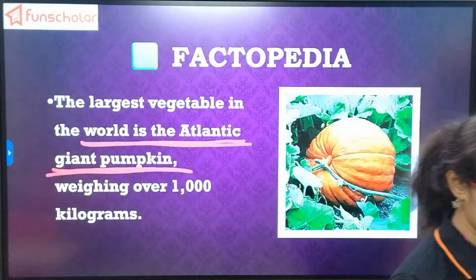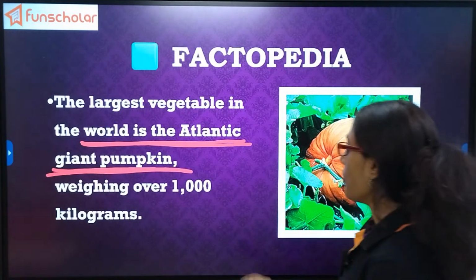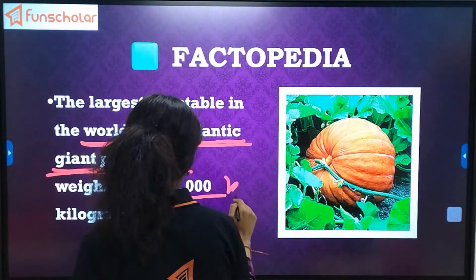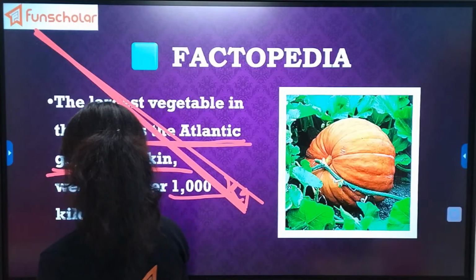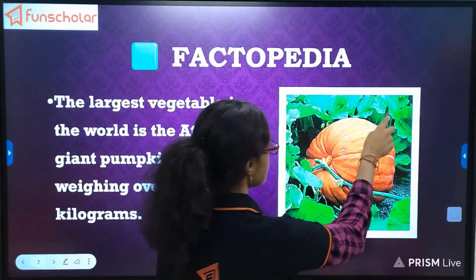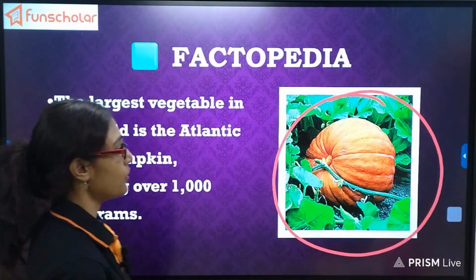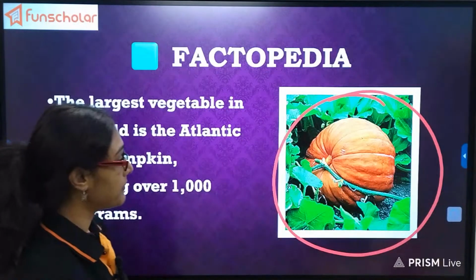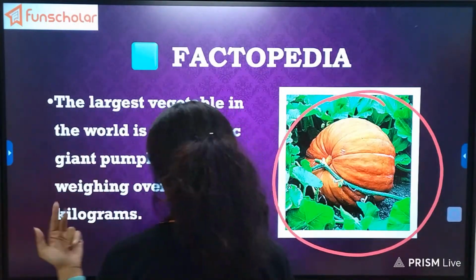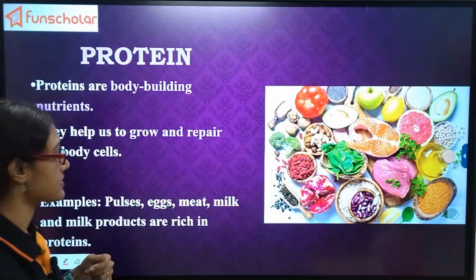The world's largest vegetable is Atlantic giant pumpkin. Its weight is about 1000 kg or kilogram. Just see how large it is. So it is named as what? Atlantic giant pumpkin. Okay. Now next.